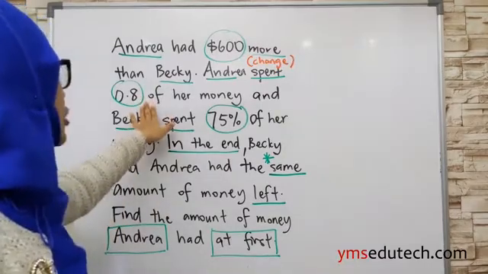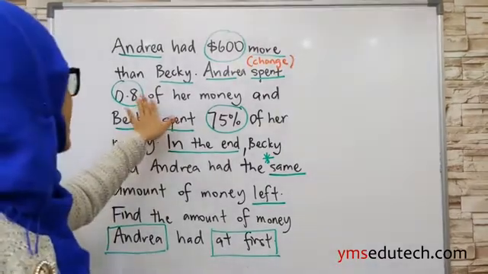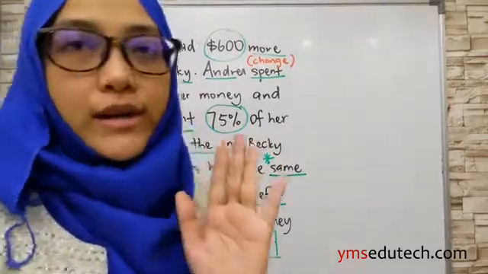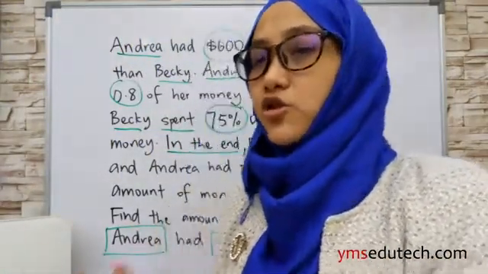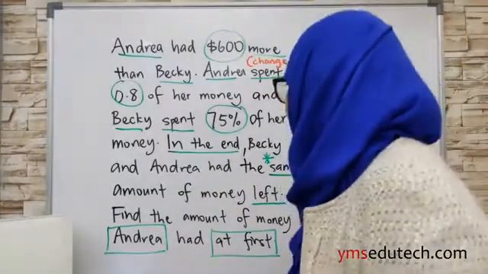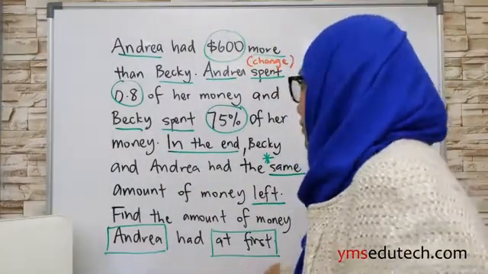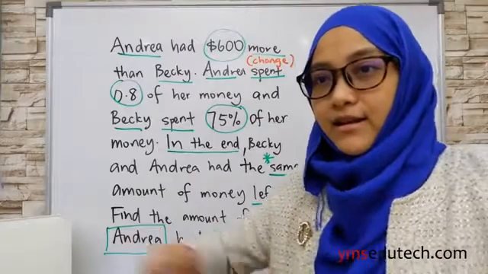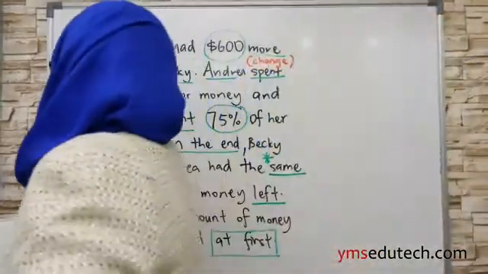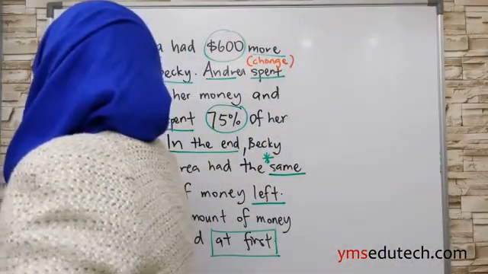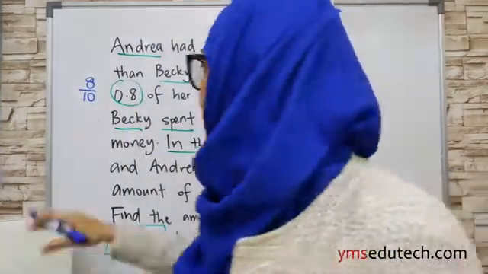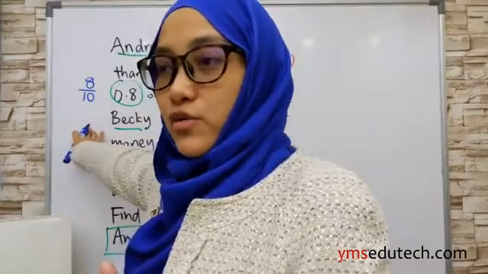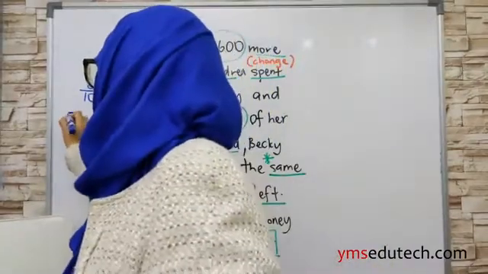I mentioned that whenever students see decimal or percentage, what they can do first is to convert these values into fraction. So we're going to convert 0.8 into fraction. What will it be? 8 out of 10. But always deal with lowest terms. So into simplest form, what will this be?